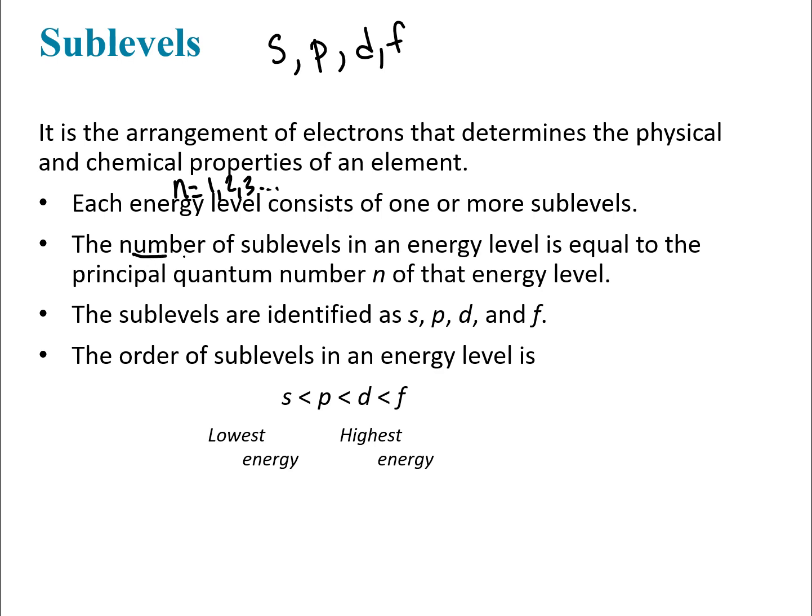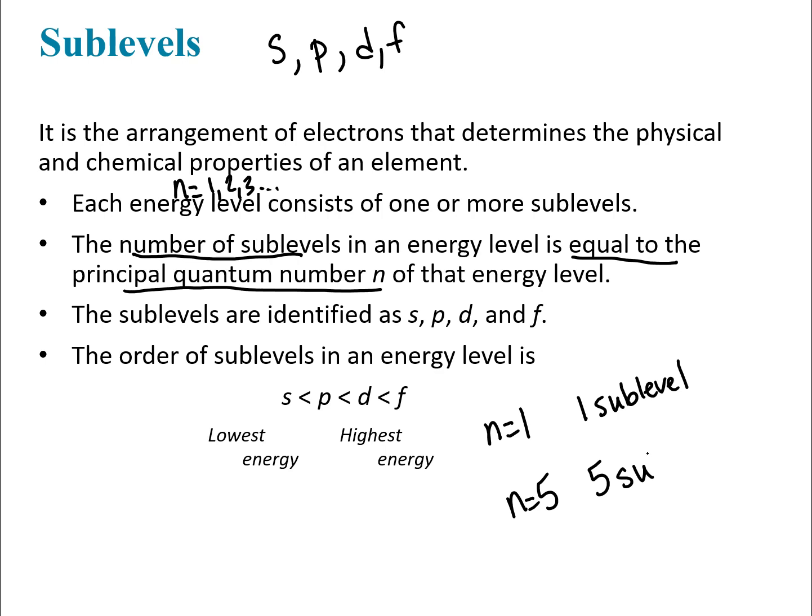The number of sublevels in an energy level is equal to the principal quantum number n of that energy level. So for n equals 1, there's one sublevel. For n equals 5, there are 5 sublevels. The order of the energy in terms of lowest to highest is s, p, d, and f.